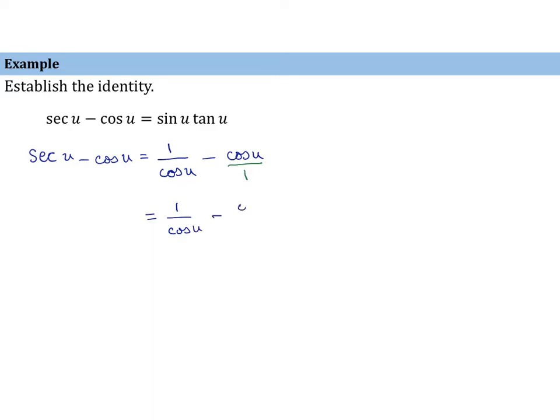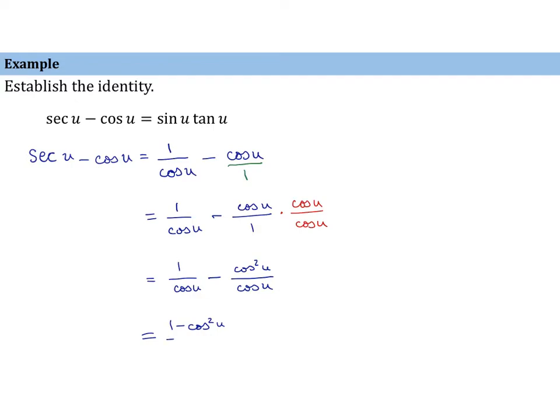And we will need to multiply by cosine of u over cosine of u to build up the denominator. So we have 1 over cosine of u minus cosine squared of u over cosine of u. And now that we have the same denominator, we can go ahead and subtract the numerators.